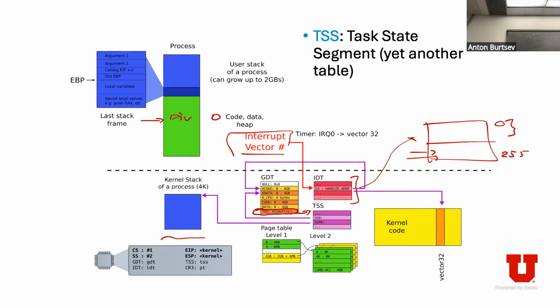I talked about this protocol: the hardware uses the IDT, say vector 32, it finds entry 32, reads the handler, and has to jump to the handler. It switches through the TSS and GDT, switches the privilege level, and switches to a new stack. The question is, what is saved on this stack? What does the hardware save?